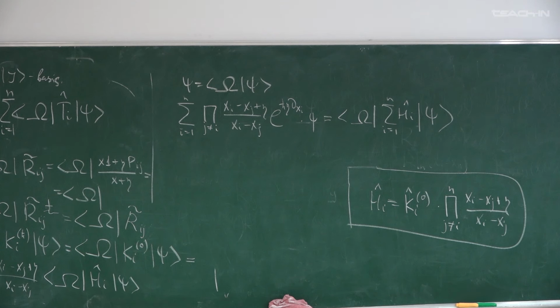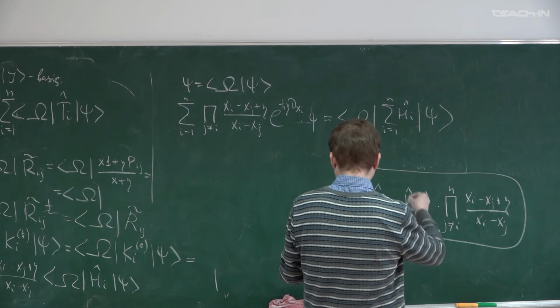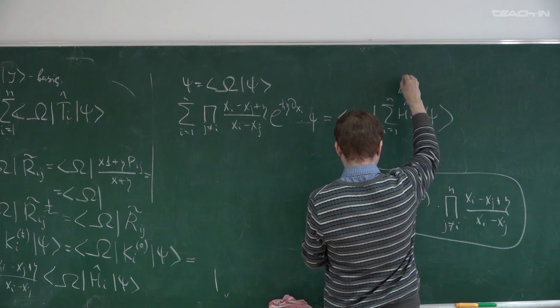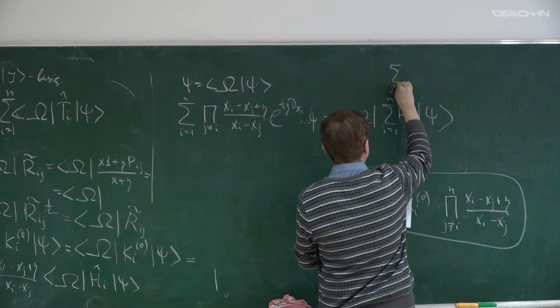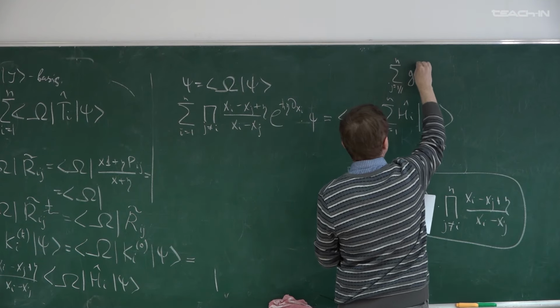And it can be shown that this sum is in fact equal to the sum from 1 to n of ji.